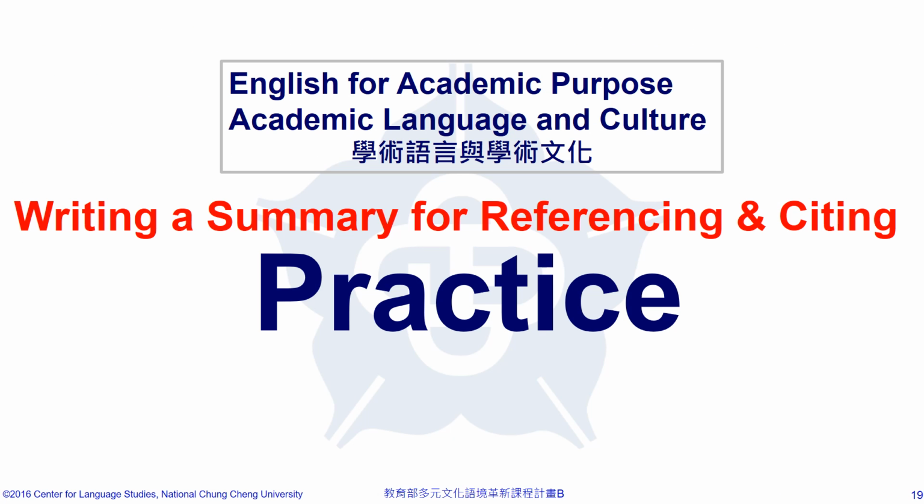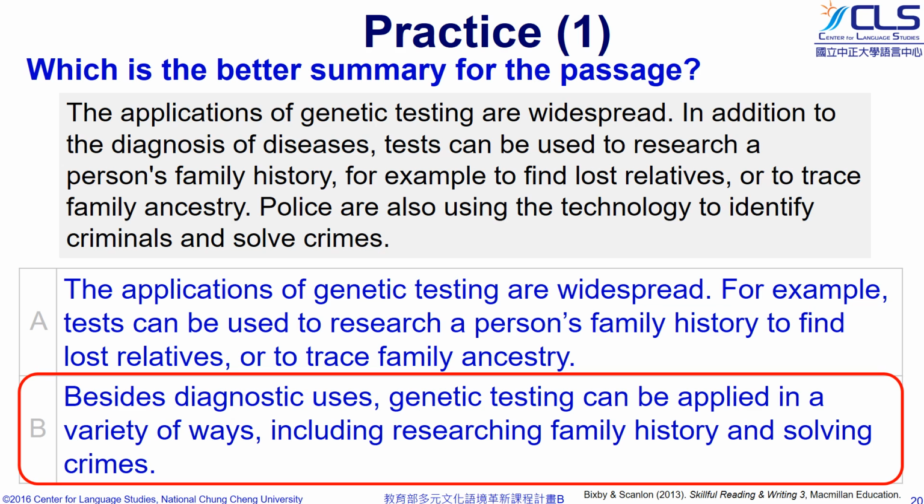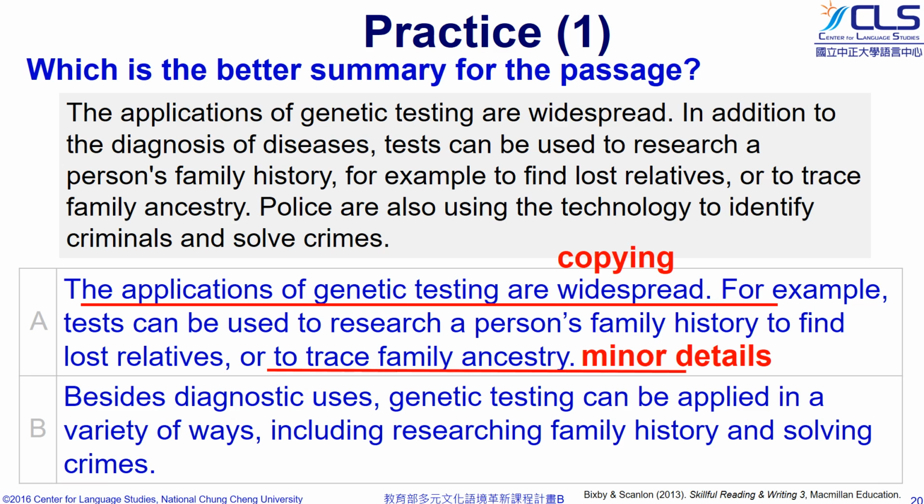Now, let's practice what we have learned. For the first practice, read the passage and choose the better summary for the passage. Choice B is the better summary because it does not copy the exact wording from the source, nor does it include minor details.